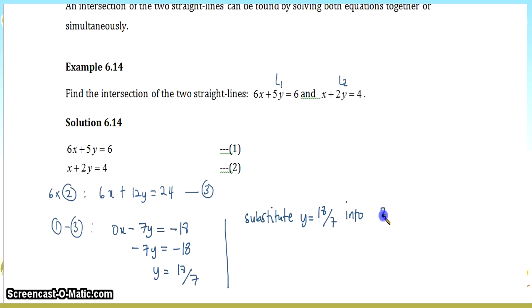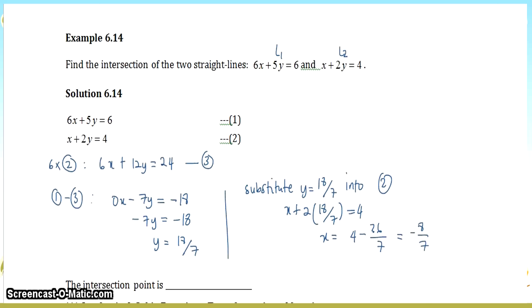So, we get x plus 2 times 18 over 7 equals 4. Therefore, x equals 4 minus 2 times 18, which is 36 over 7, giving us negative 8 over 7.